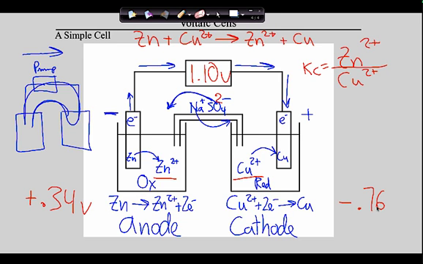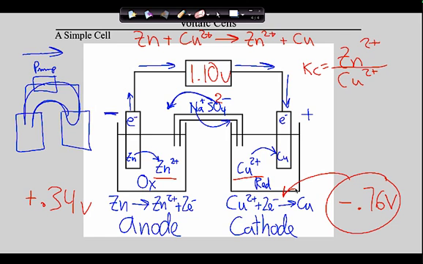What happens at the cathode, oxidation or reduction? Reduction. So this number right here is the reduction potential for the half reaction that's taking place.